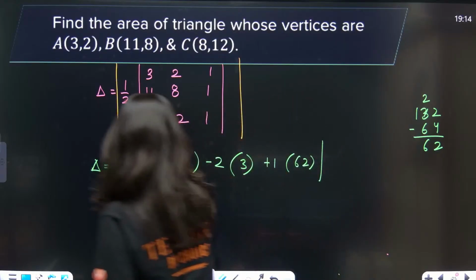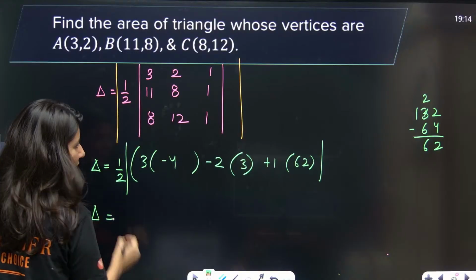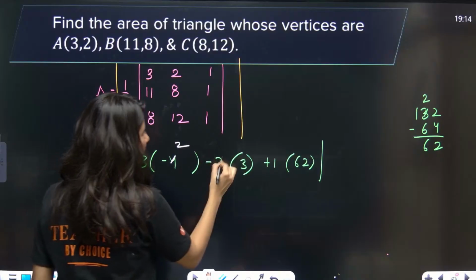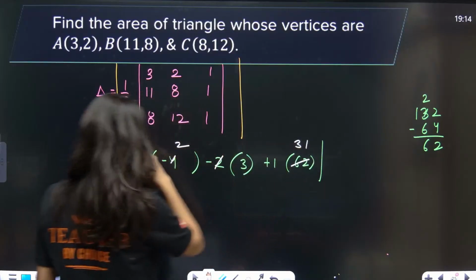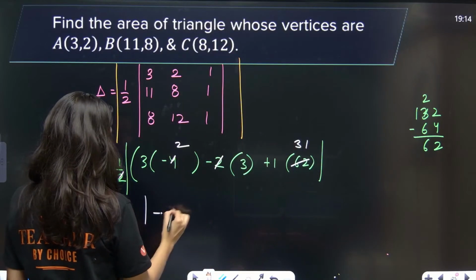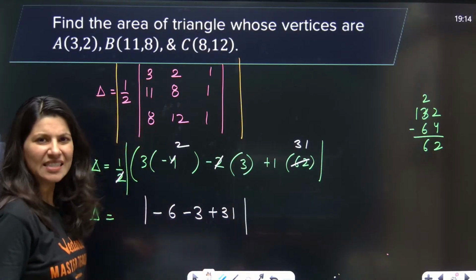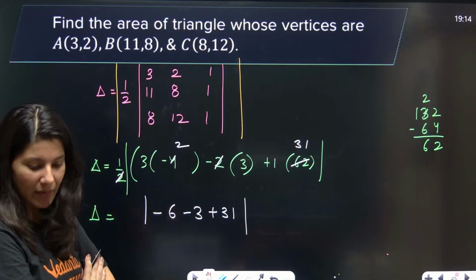And there is a modulus involved. So area is equals to, now what we can do is we can actually cancel the 2. So this is minus 6 minus 3 plus 31. 31 minus 9.